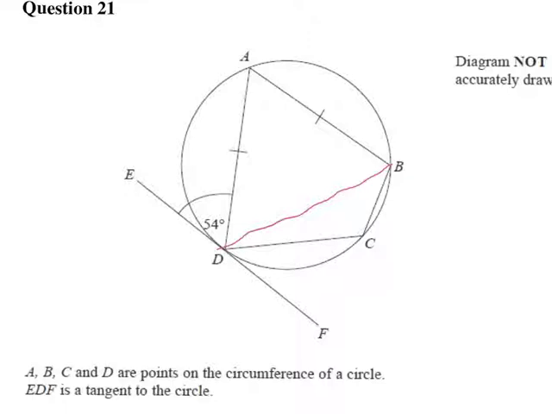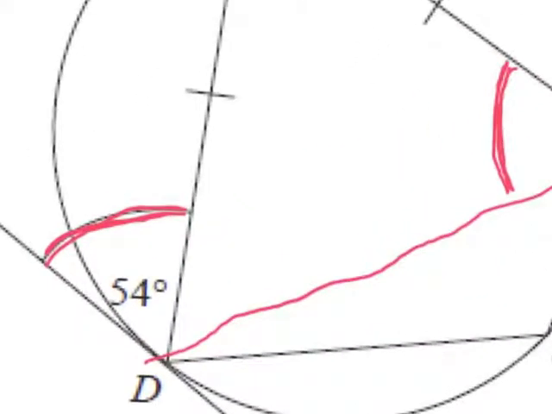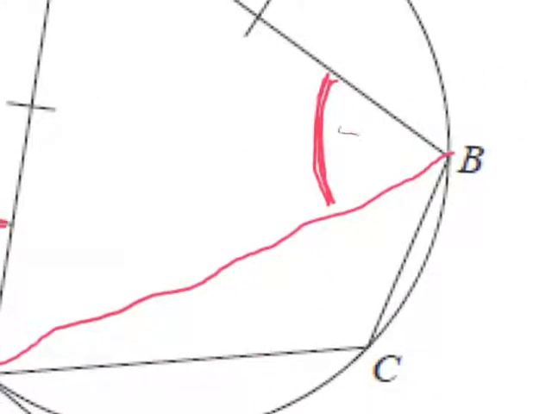Which we mean is this one here. This is the angle between the chord and the tangent, and then the alternate segment will be this angle here. So basically those two angles are the same, so I'm just going to write that in as being 54 as well. 54.